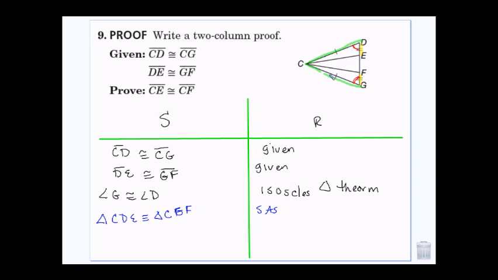Because I now have side, angle, side, I have two congruent triangles. And because I have two congruent triangles, corresponding parts of congruent triangles are congruent. So because these little triangles are congruent, that makes these sides congruent. Does that make sense? Because they share the same. Yeah. Sorry I wasn't 100% clear.